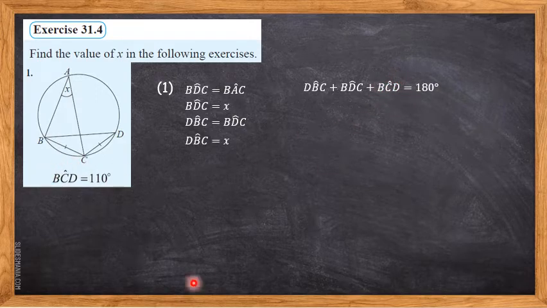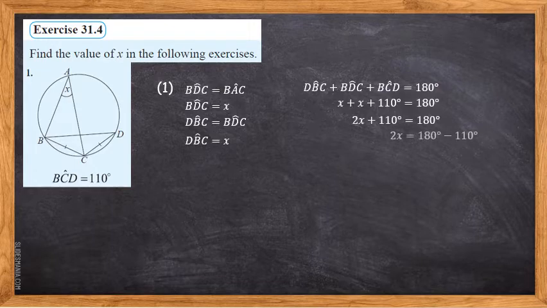Then x plus x plus 110 is 180 degrees. X plus x is actually 2x. Then when you simplify this, you can subtract 110 from both sides. දැන් ළමයි පොඩි නැති නිසා දෙපැත්තෙන් අඩු කර කර පෙන්නන්න ඕනේ නැහැ. අපි එහා පැත්තට ගෙනියනවා කියලා හිතලා ලියනවා. Then 2x is 70 degrees. Divide both sides by 2, you get x is 35 degrees. Right. That is how you find the value of x.